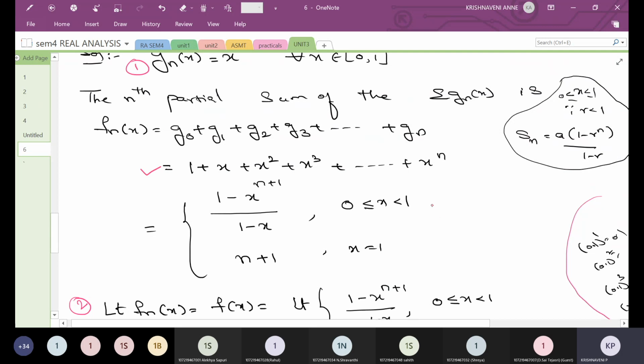But we divided this into two subintervals: 0 less than or equal to x less than 1 is one interval, and x equal to 1 is the other one. But at which place do you have pointwise convergence? Only at this place you have pointwise convergence. Here it is not at all convergent. So that's the reason we are not considering x equal to 1. We will consider directly only fn of x as 1 minus x power n plus 1 by 1 minus x. Is it clear, everyone?